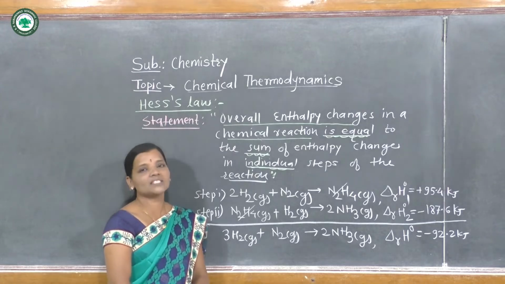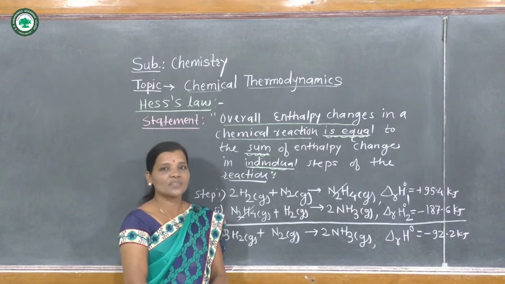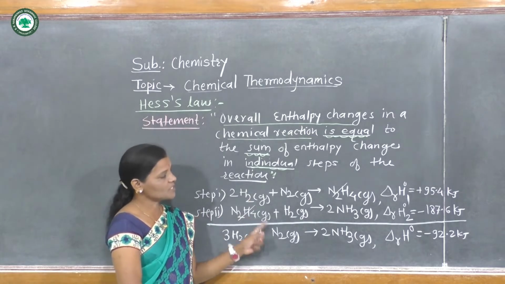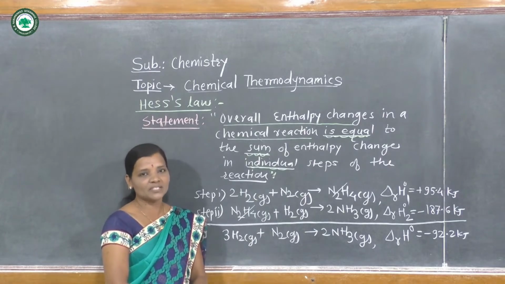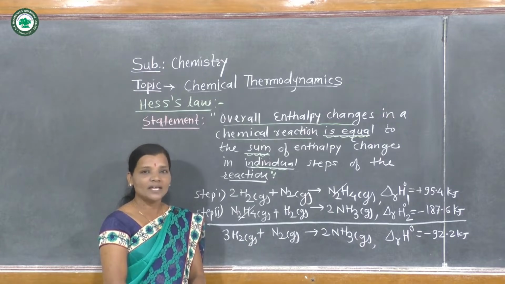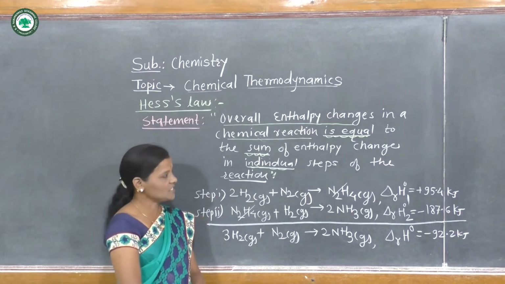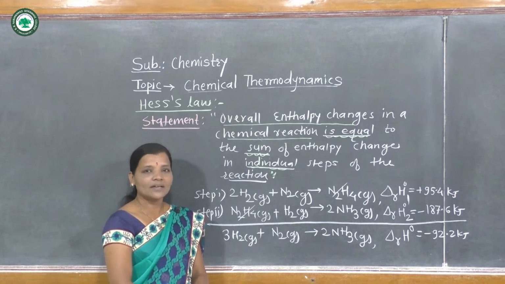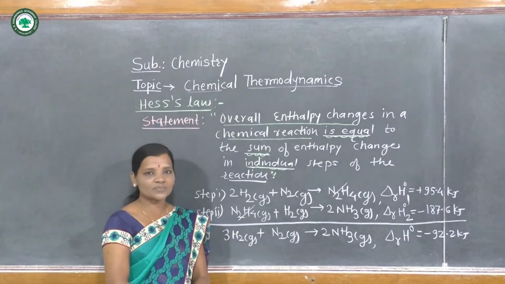That means Hess law is a consequence of enthalpy being a state function. From this chemical equation it is observed that the enthalpy change depends only on the initial state and final state of the system, and hence Hess law is applicable for reactions in which enthalpy changes are not found experimentally.